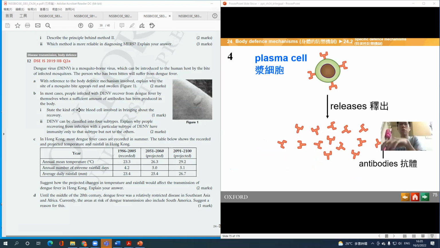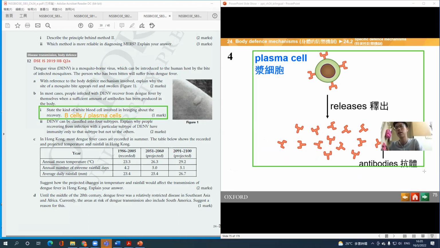So for part 1, you can write either B cells or plasma cells. It is the plasma cells that produce the antibodies. Plasma cells produce the antibodies, so you help with the recovery.